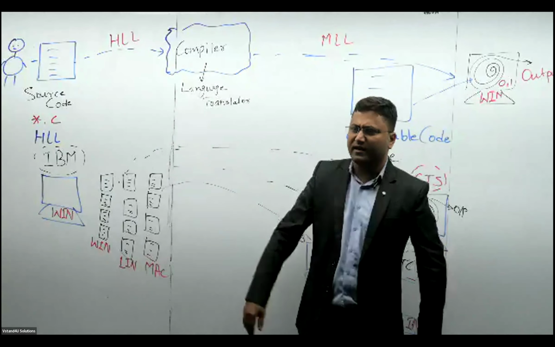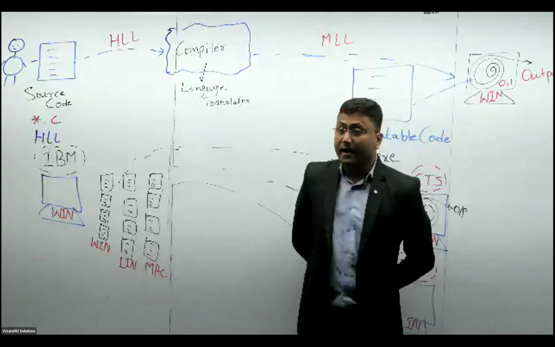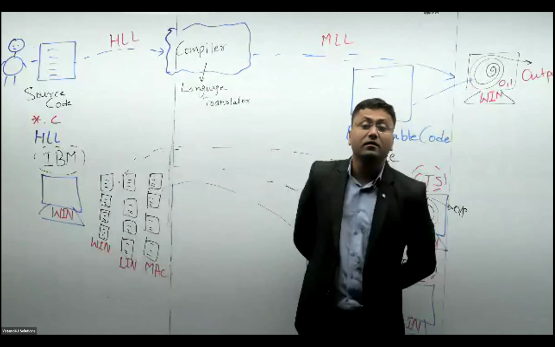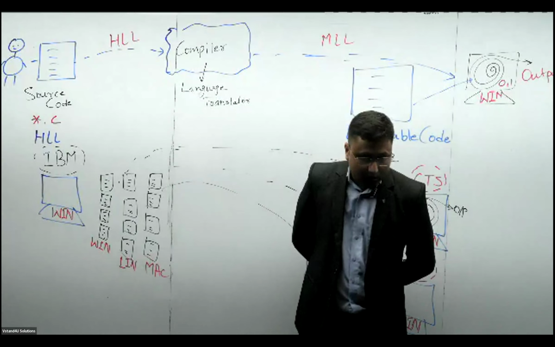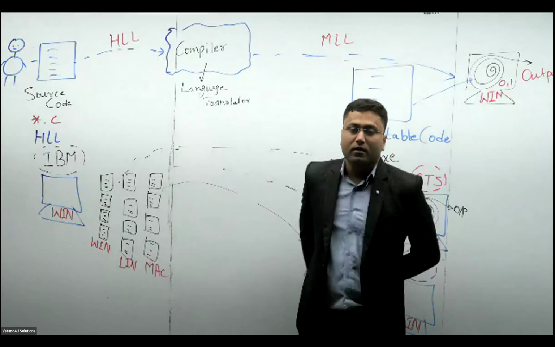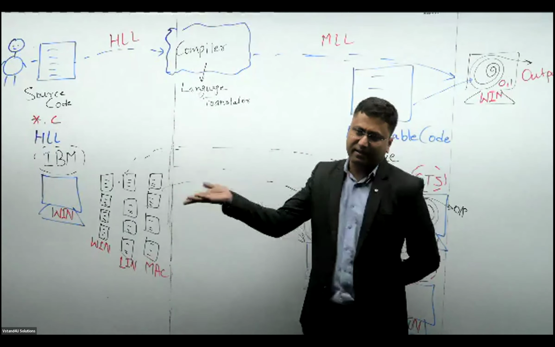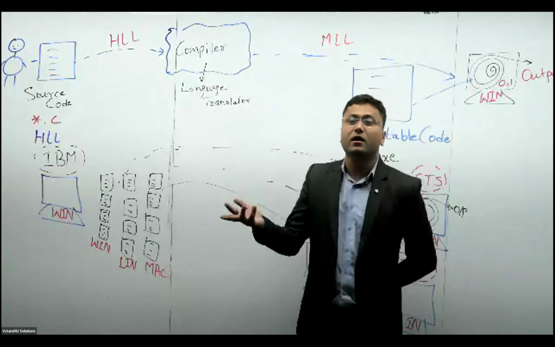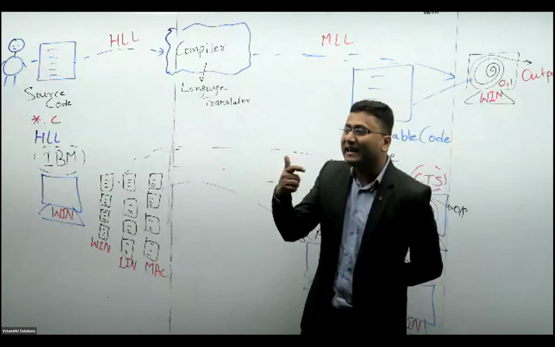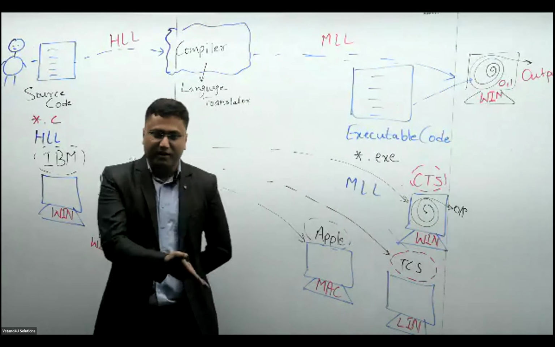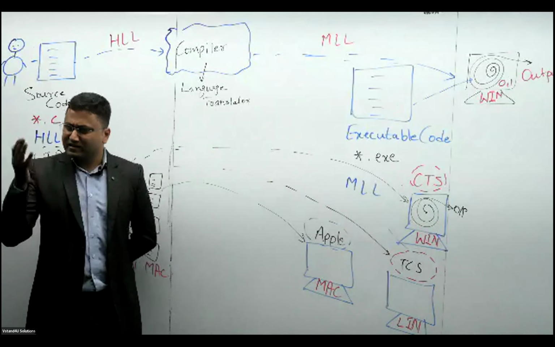Name a few processors: AMD processor, Ryzen processor, Intel i3, Intel i5, i7. Heard? Intel is one company, AMD is another company. They build hardware, the processors. Operating systems are like Windows, Linux, Unix, Ubuntu, Kali, Fedora, Sun OS.